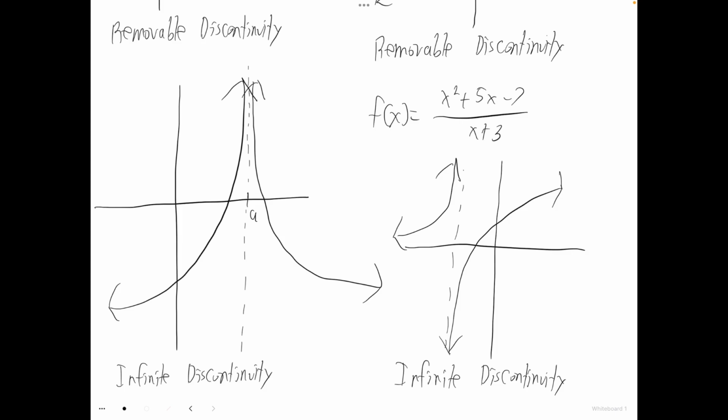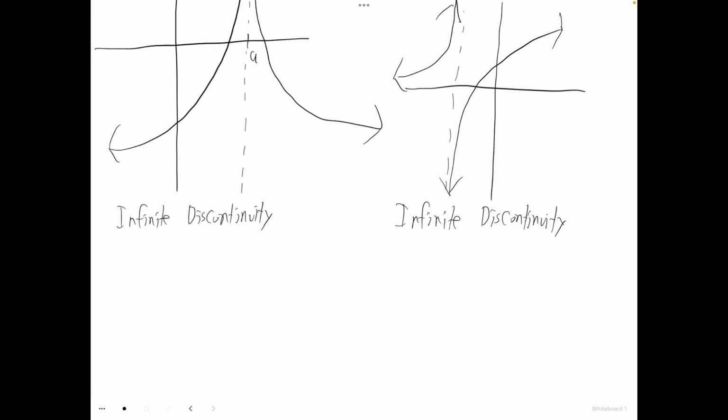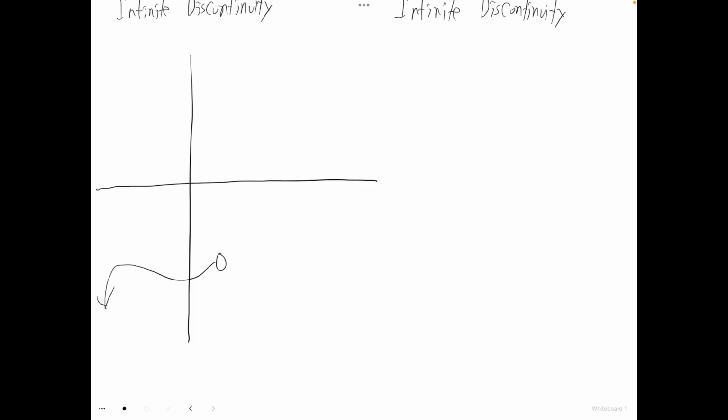Okay, so if there's a vertical asymptote, it's an infinite discontinuity. And there's not really a way to fix these infinite discontinuities, as we're just kind of going off to infinity. Now there's a third type of discontinuity that we can have. And so this third type of discontinuity looks something like the following.